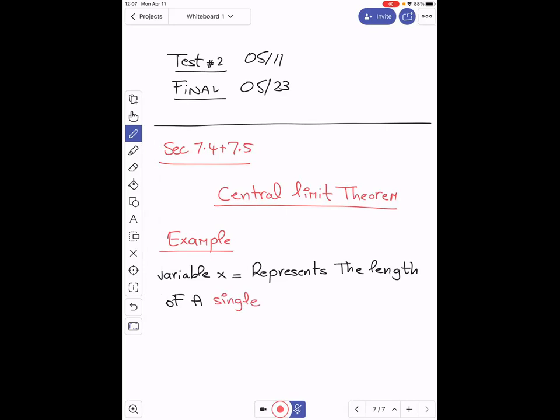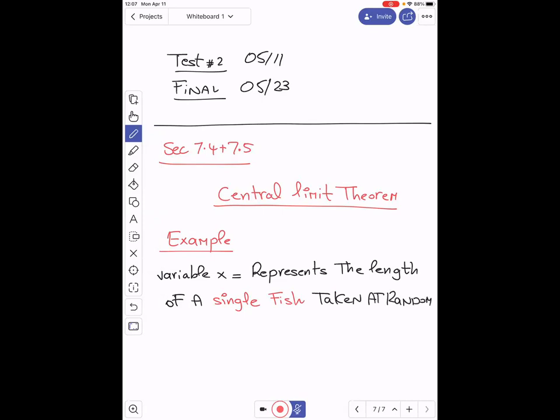Just one fish, a single fish, measured in inches or whatever units, taken at random.